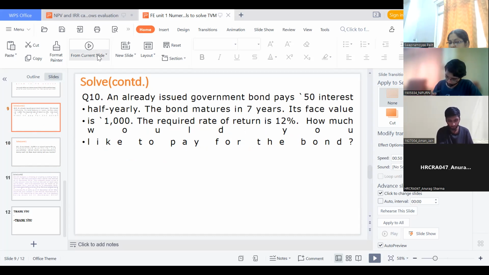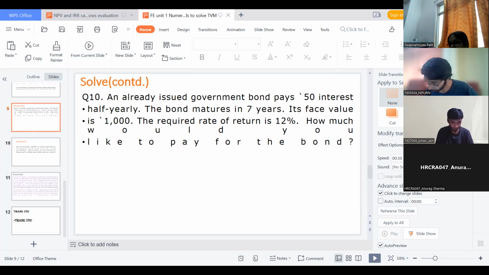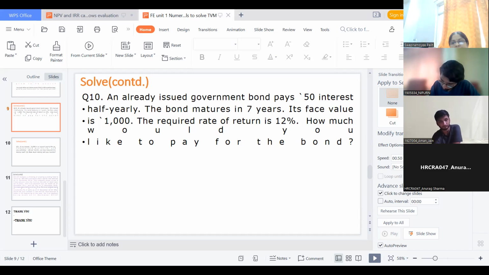Ma'am, calculation check. 900, and 1000 is the face value. Yes, ma'am. 5000 you got. How can the P value be more than that? It's a P value.